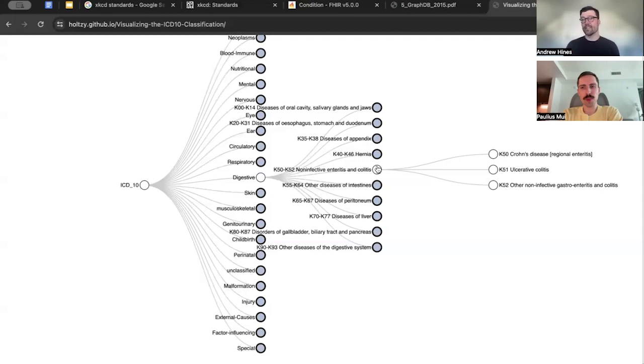ICD-10 is on the order of, if we were to drill into all these nodes, I think around 70,000 concepts, specific codes to classify diseases. That's its domain. Because of its role in billing, it's also used to classify, and folks are probably familiar with the Z codes, the encounter for codes. So it's been a little bit mutated or abused to classify not just diseases, but also encounters for treatment or prevention of diseases.